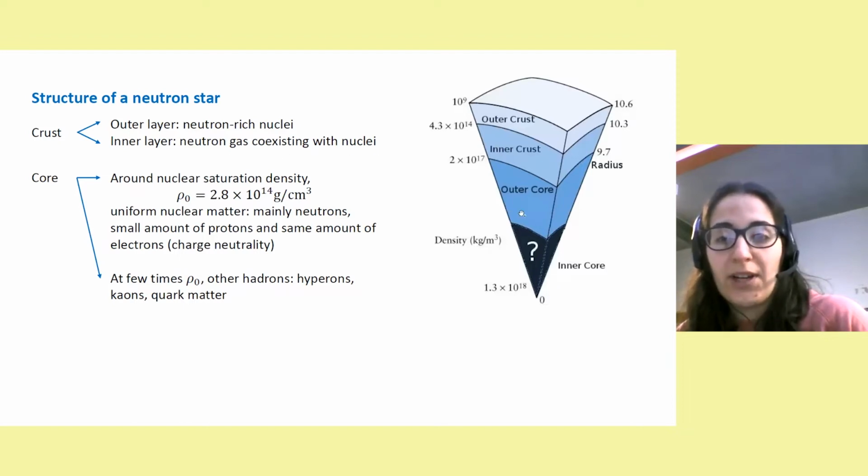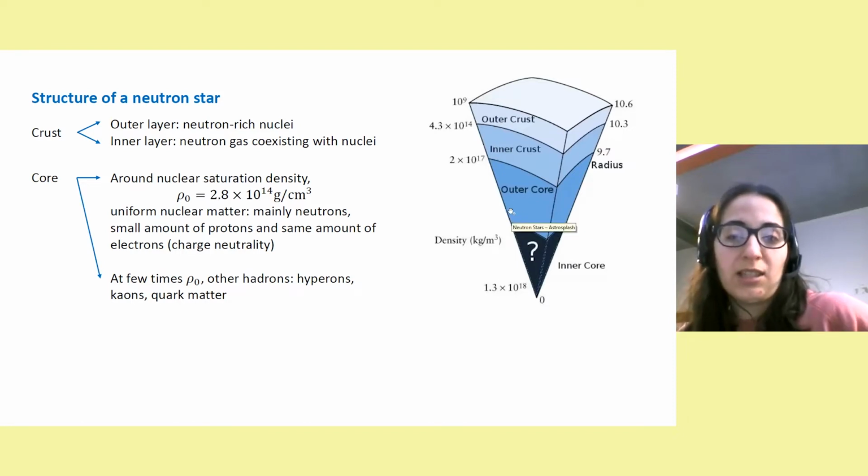And if we go farther inside, then we go into the core where there are no more nuclei. It's just a soup of neutrons, but not only neutrons, it's mainly neutrons as we saw, but there are also a small amount of protons and also the same amount of electrons to keep charge neutrality.